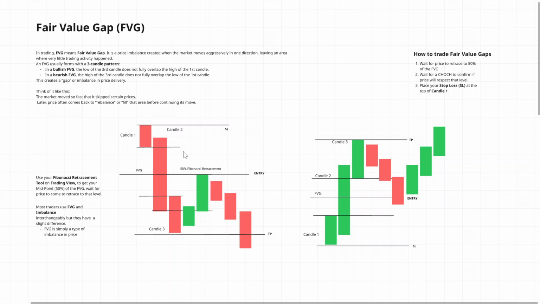Now, in trading, a fair value gap simply means a price imbalance created when the market moves aggressively in one direction. So when institutions, the big banks, or smart money enter into the market aggressively, we usually see an imbalance in price, a huge pump.